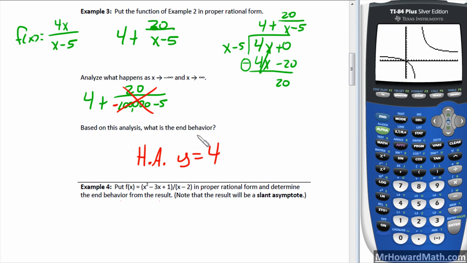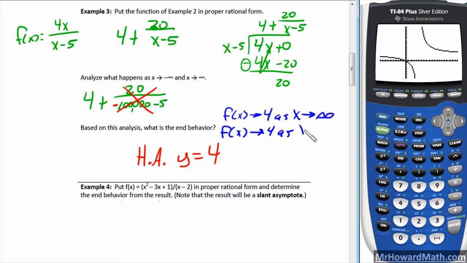And also recall, for the end behavior, we can write it like we discussed earlier in infinity notation, which would be f of x approaches 4 as x approaches infinity, and f of x approaches 4 as x approaches negative infinity.